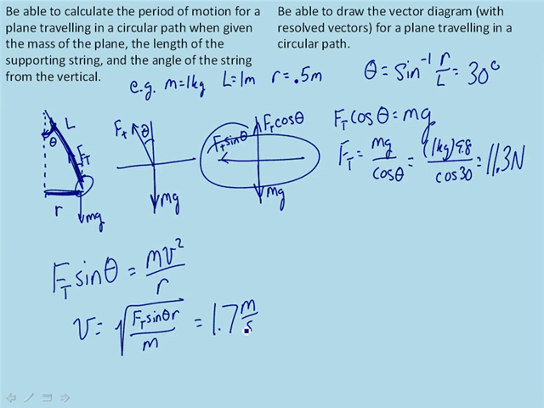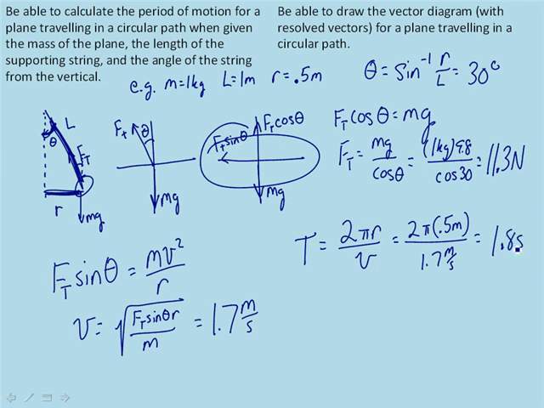So that is the speed that the plane is traveling around. And then the period is the distance over that speed. So the period is 2 pi r, that's the circumference of your circle, over v. That's 2 pi times 0.5 meters over v, which is 1.7. And that gives me my period, which is 1.8 seconds.